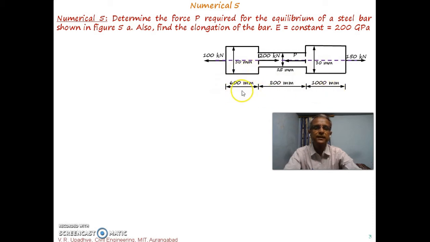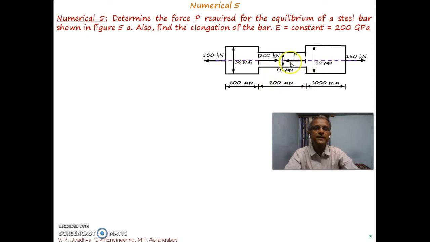So for segment 1 it is 600 mm, for the second it is 800 mm, and for the third it is 1000 mm. What is constant in this numerical is just the value of Young's modulus, that is given as 200 gigapascal. So the material is the same throughout, so Young's modulus is constant. Rest all is different, changing from position to position or from segment to segment.